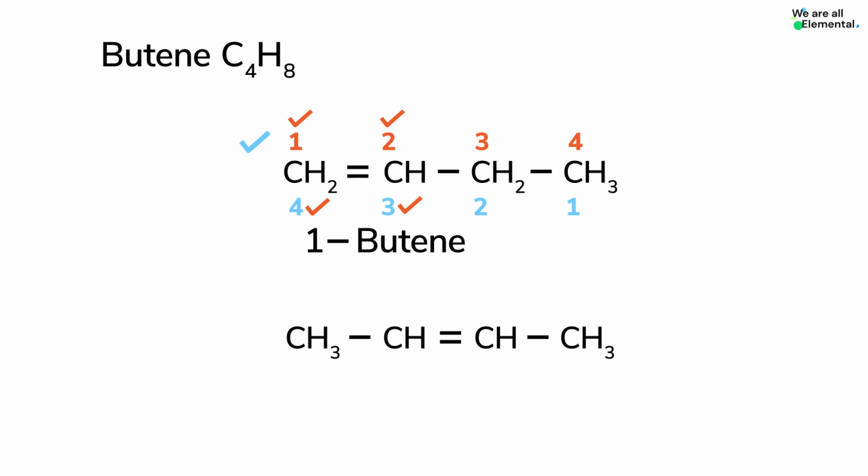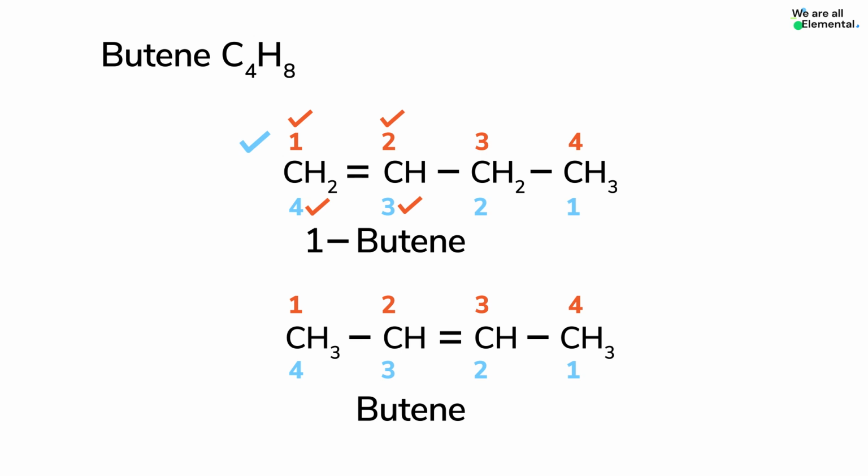To name the second compound, we write butene because it's a 4-carbon alkene. Then number the carbon atoms from left to right and from right to left. You can see either way the double bond is between carbons 2 and 3.